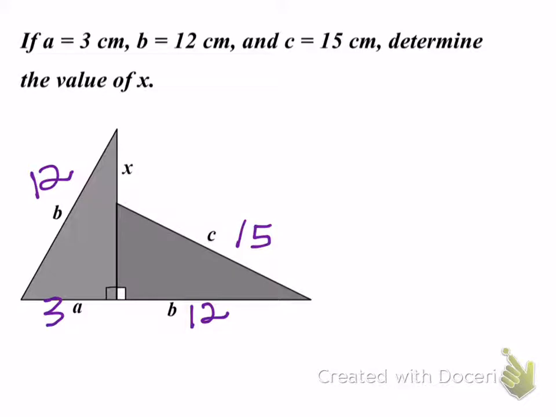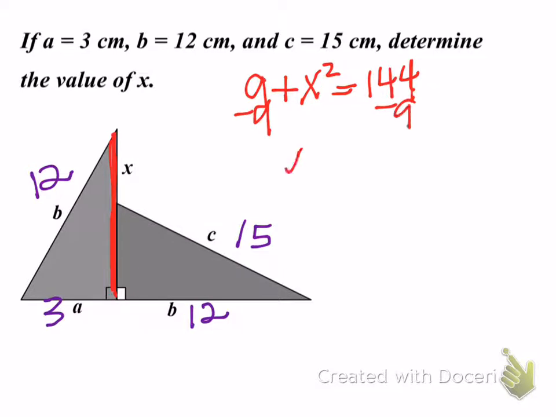So there's a couple different places I can start. I am going to go ahead and figure out what this entire side is here. And so to do that, that would be 3 squared, which is 9, plus x squared equals 12 squared, which is 144. Subtract 9. So x squared equals 135.